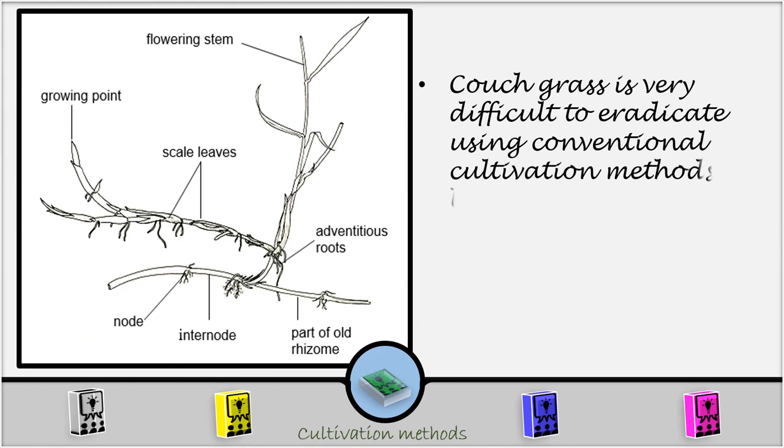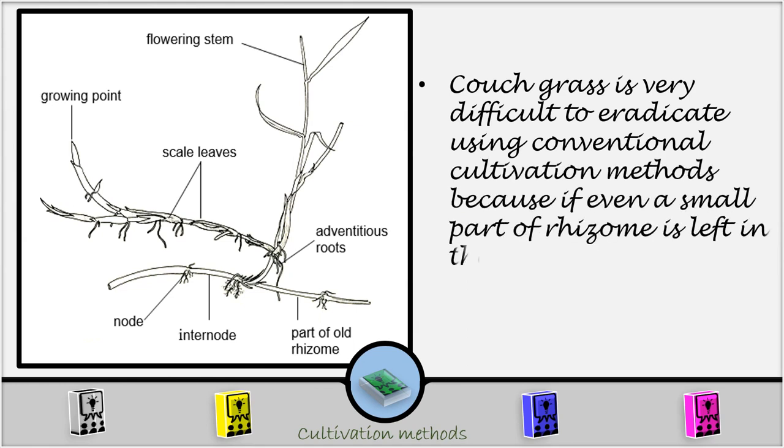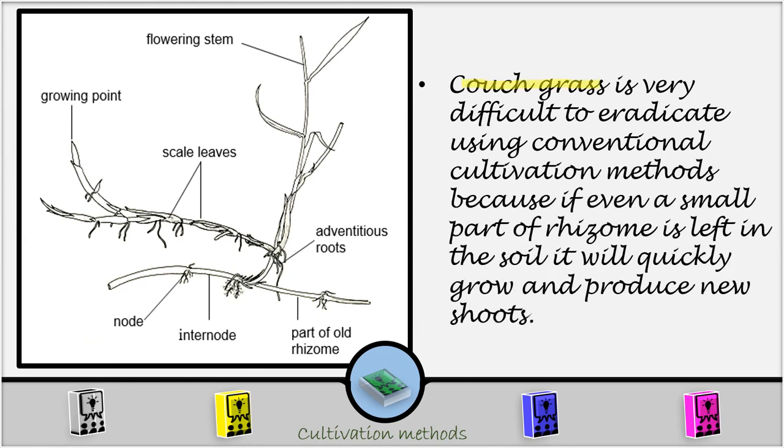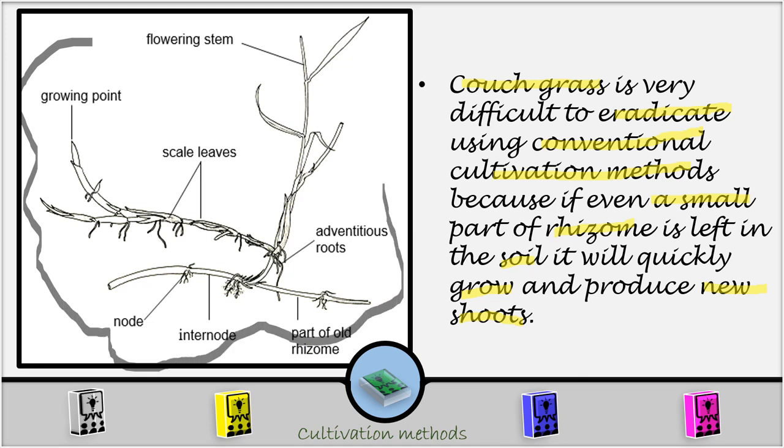Couch grass is very difficult to eradicate using conventional cultivation methods, because if even a small part of a rhizome is left in the soil, it will quickly grow and produce new shoots. So we are saying that this couch grass is very difficult to eradicate.